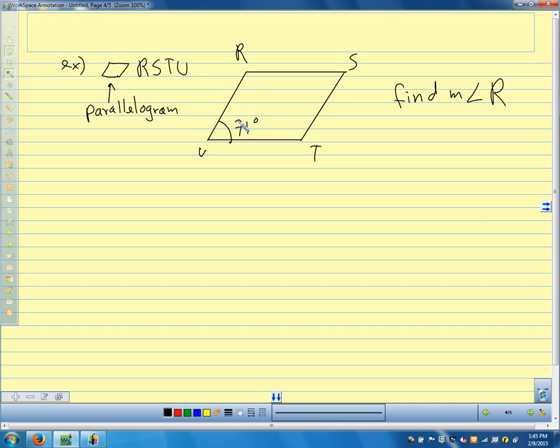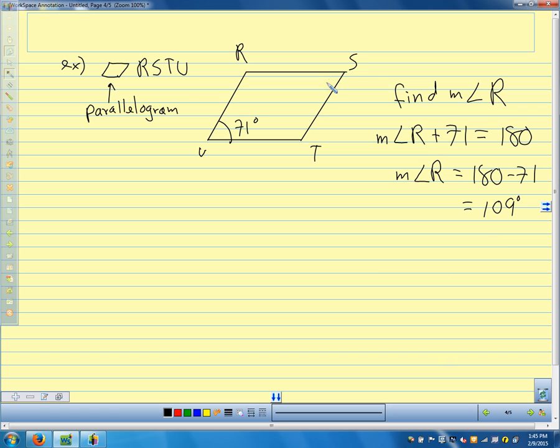Because this is a parallelogram, consecutive angles are supplementary. So we know that measure of angle R plus 71 equals 180. So the measure of angle R equals 180 minus 71, which gives me 109 degrees.